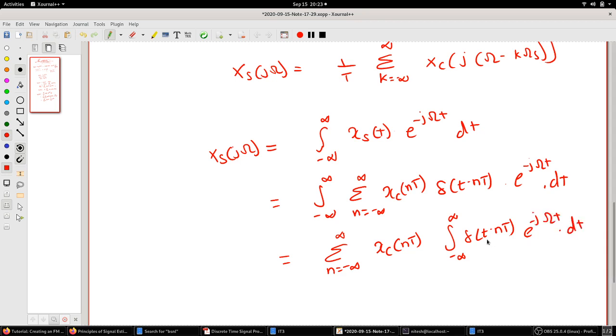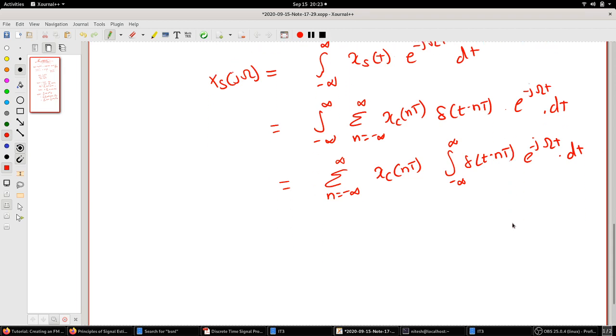Now here delta of t minus nT exists only at time instance nT, other than that it is 0. So the integration output turns out to be summation of xc of nT into e raised to minus j omega nT. This is what you get.